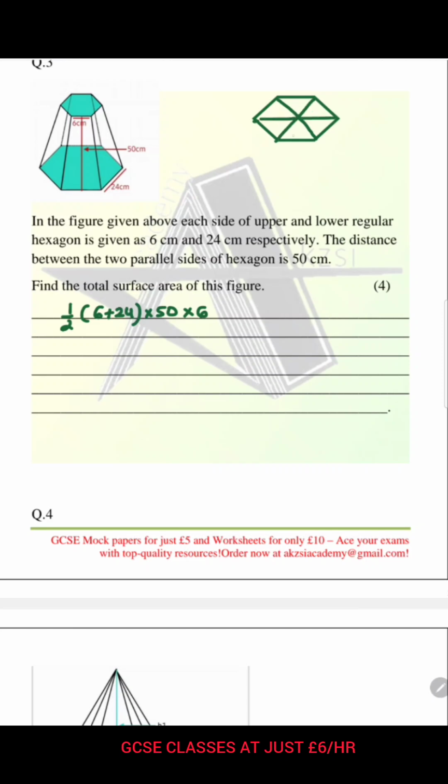That means if it says this side is 24, every side would be 24, and so does these sides. So simple, they all are equilateral triangles with side 24 centimeters. So this is the area of all the trapeziums.